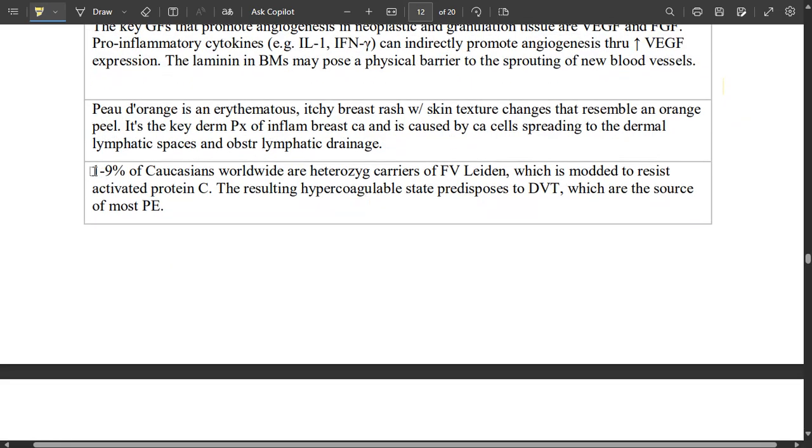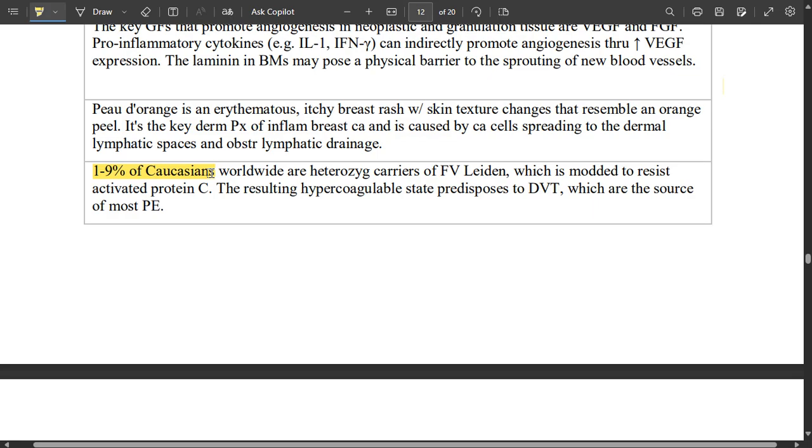Okay. 1 to 9% of Caucasians worldwide are heterozygous carriers of the factor V Leiden mutant. Factor V Leiden is mutated to resist activated protein C. Protein C is actually an anticoagulant molecule, so activated protein C prevents coagulation.